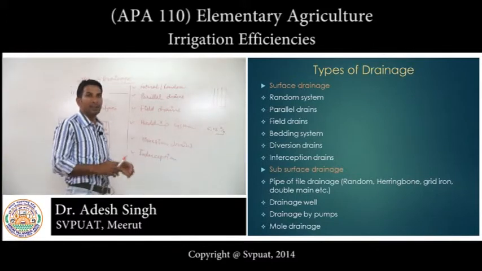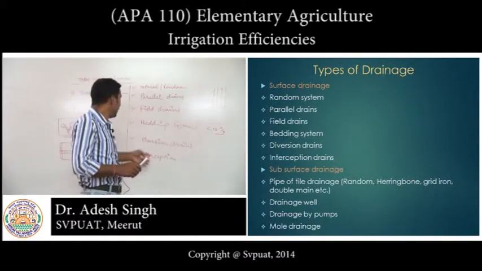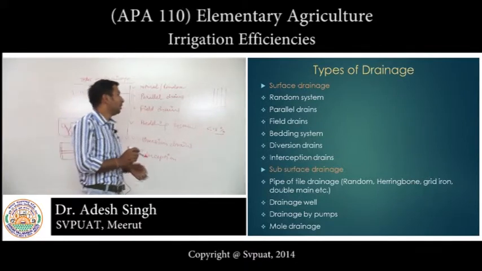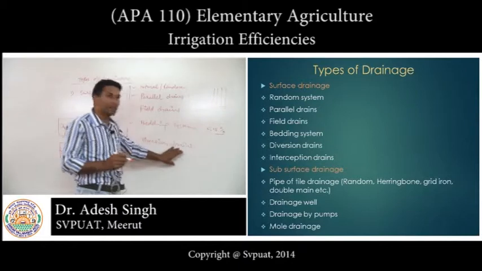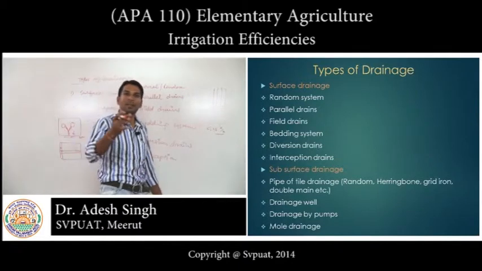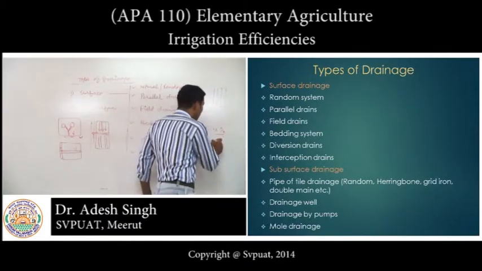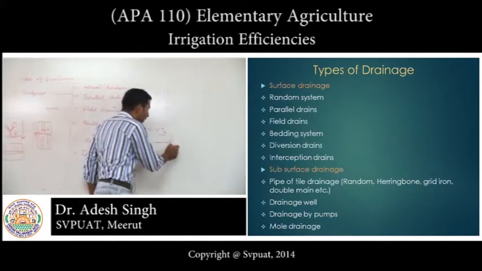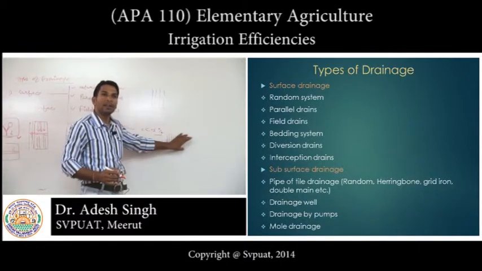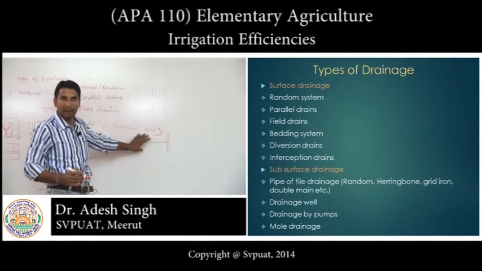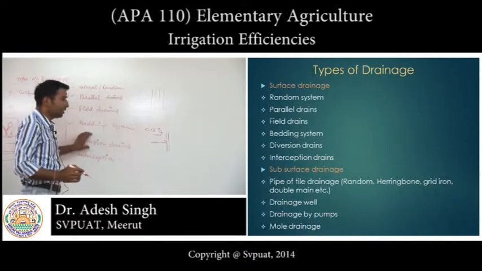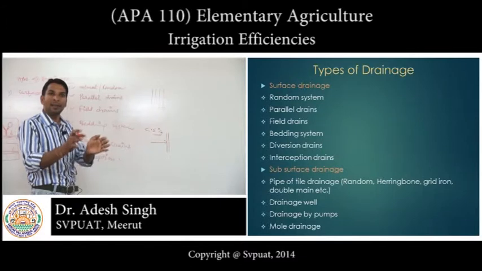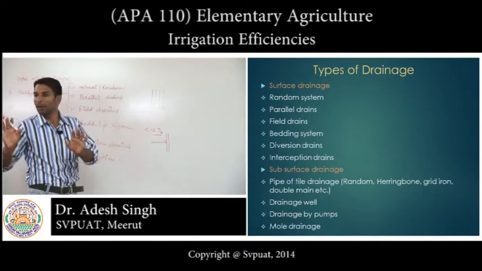Then diversion drain and interception drains are quite similar. Both kinds of drains can be constructed against the slope. Say for example, if the slope is in this direction, then the drains can be constructed at right angles to the slope direction. But in a diversion drain, the normal drainage can be diverted according to the passage available.